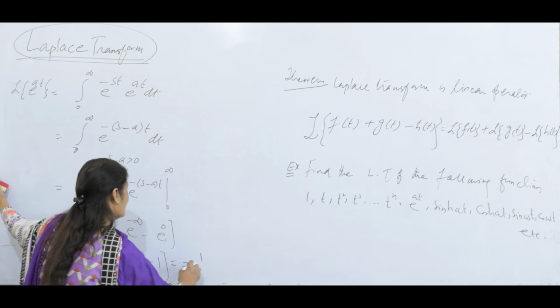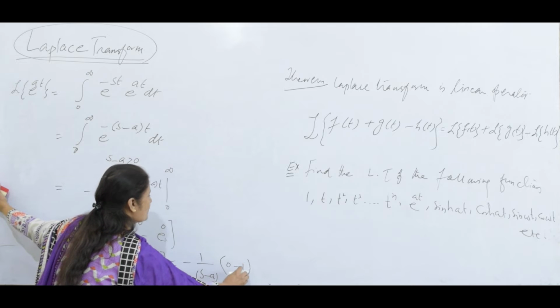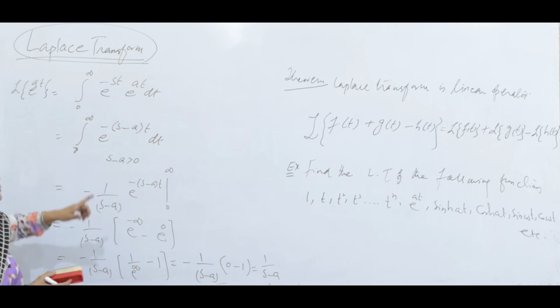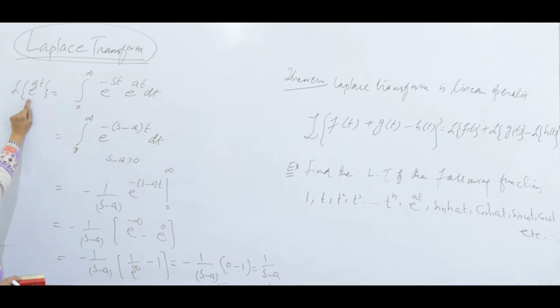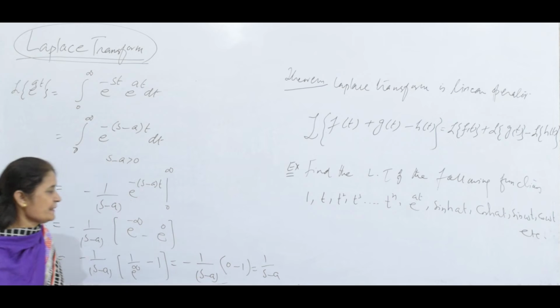At t equal to 0, this is 1. So it becomes minus 1 over (s minus a) times (0 minus 1), which is 1 over (s minus a). So the Laplace transform of e^(at) is 1 over (s minus a).